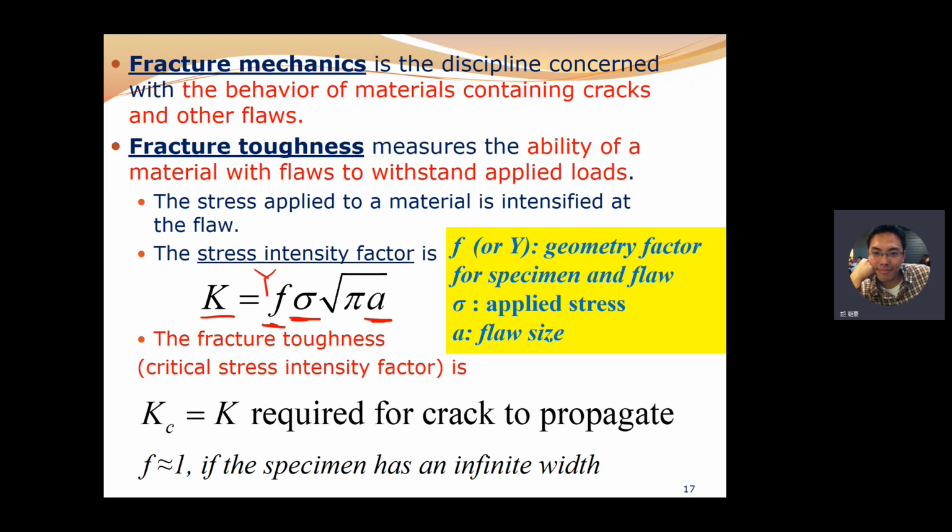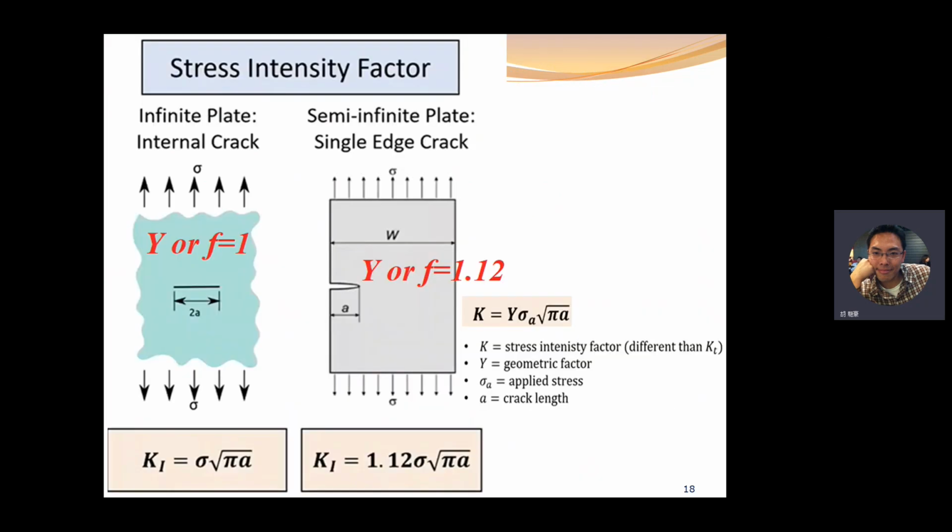We use this K to define the fracture toughness. And the critical stress intensity factor, Kc, equals the K required for the crack to propagate. As I mentioned, F or Y is a geometric factor.